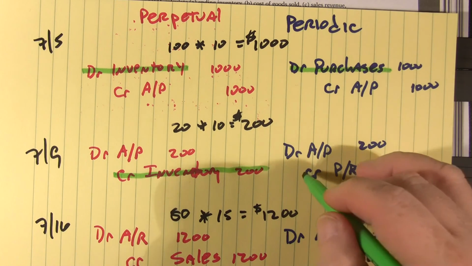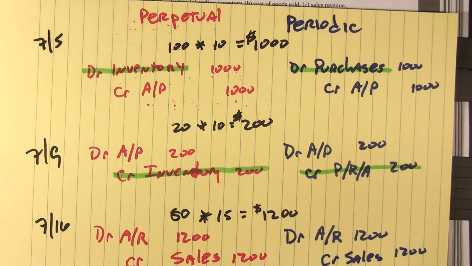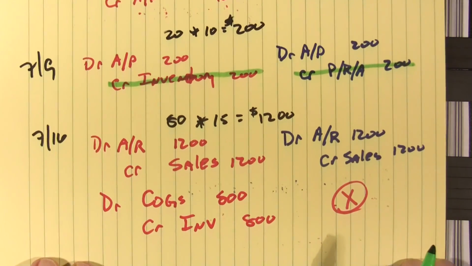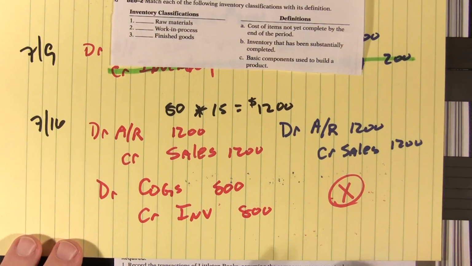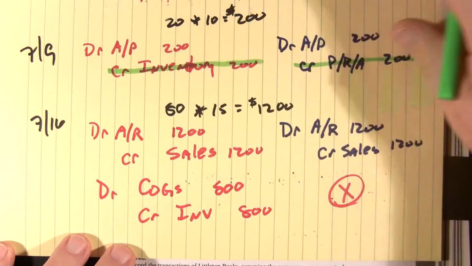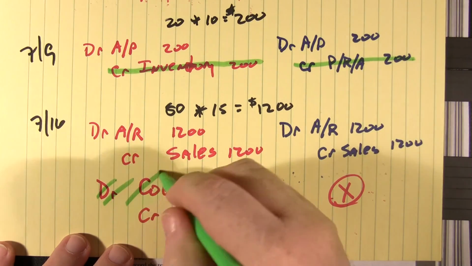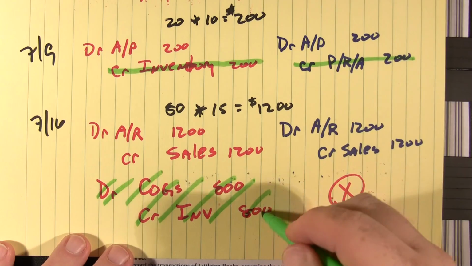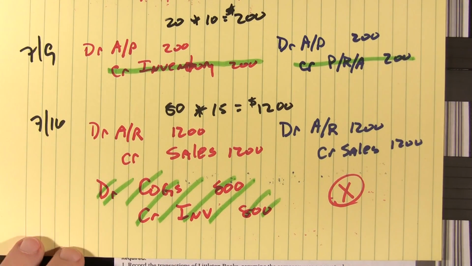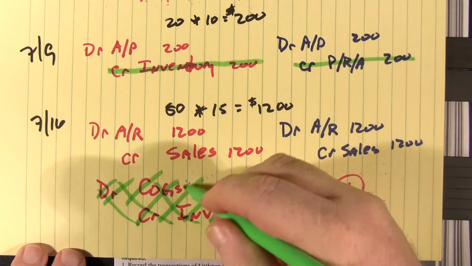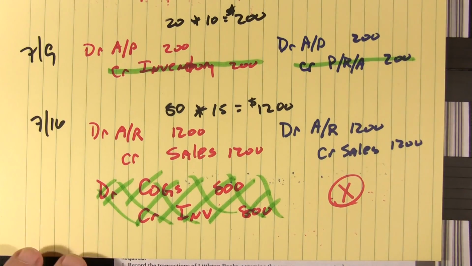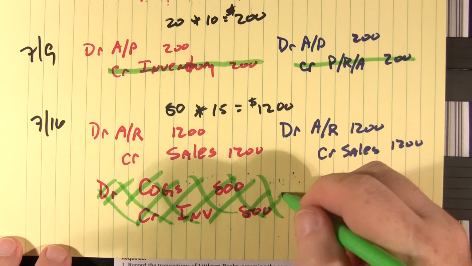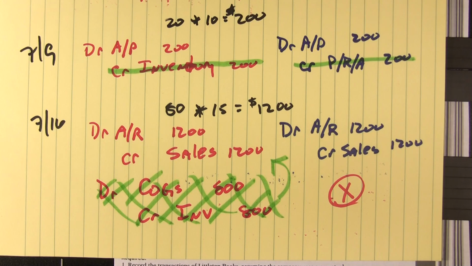In the periodic method, you put it into an account called purchase returns and allowances. When you finally sell it, the only other thing that's different is you have this second entry. And remember, this entry will not equal the one above it. Okay? Good to go.